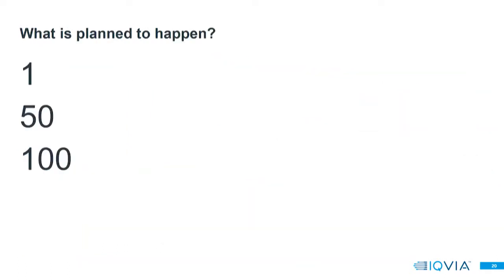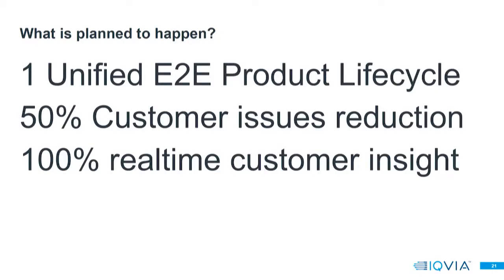So what is planned to happen? The promise. So we have today one test process, but tomorrow I'm perfectly sure that if we succeed the POC, we will have one unified end-to-end product lifecycle process, and probably much more with the delivery after.